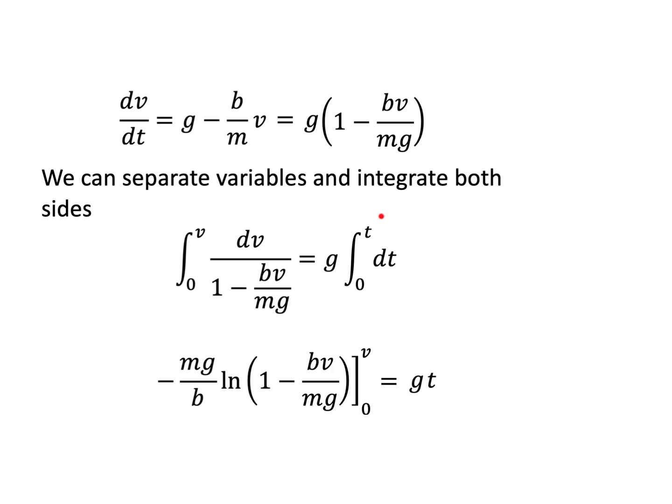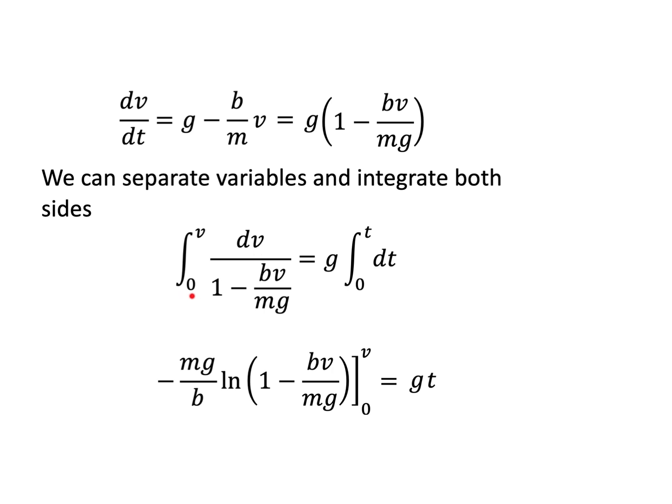And I've gone ahead and put my integrals. I'm going to integrate both sides. This g is constant, so I can pull it out front. And what I have is this crazy-looking integral and this simple-looking integral. We know the integral of dt is just t, but I have to figure out how to do this crazy integral to solve the problem. Now, before I do that, let me look at my limits, because I've gone ahead and put them in.